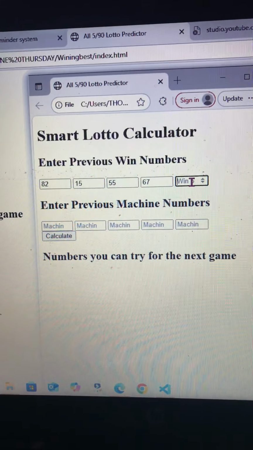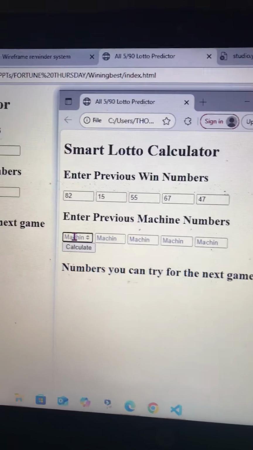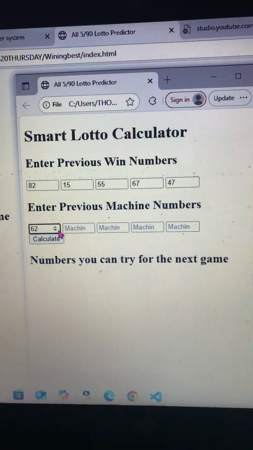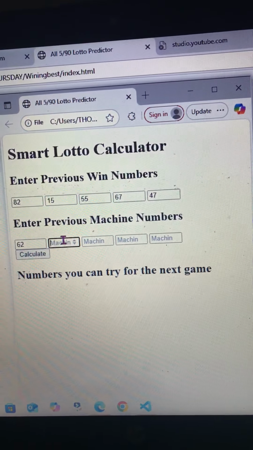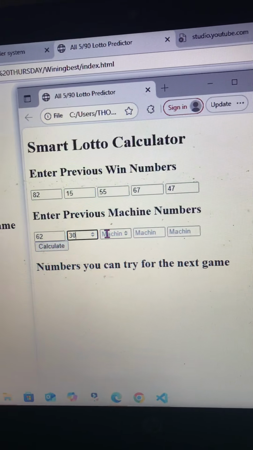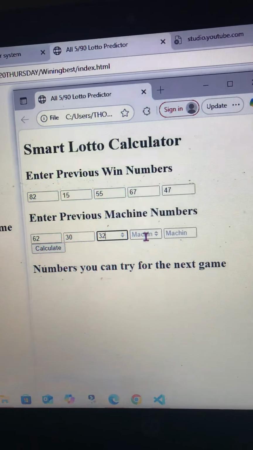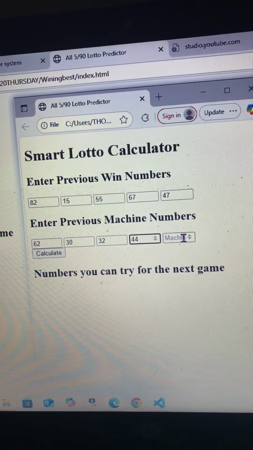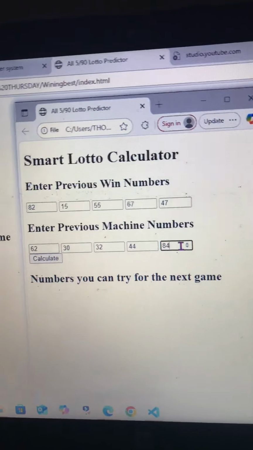Next we have 47 for the win, and then the machine side entering 62. Next 30. Next 32. Next 44. Then 84.